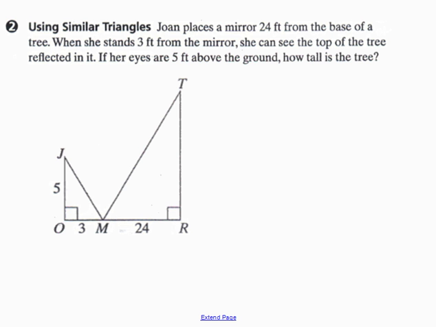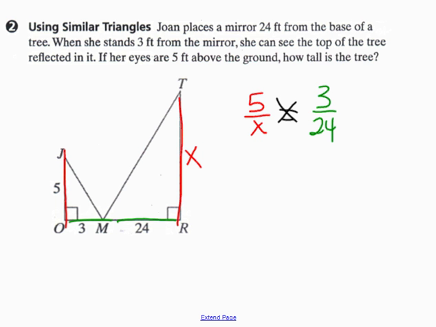So now we are looking at setting a ratio equal to each other. And for this purposes, I'm going to use TR. I'm going to make an X here, because that's going to help us set up the ratio. So I'm going to say 5 is to X. Do you see why? Because those are the two vertical ones. And then I'm going to set 3 over 24, and do my cross multiplying.